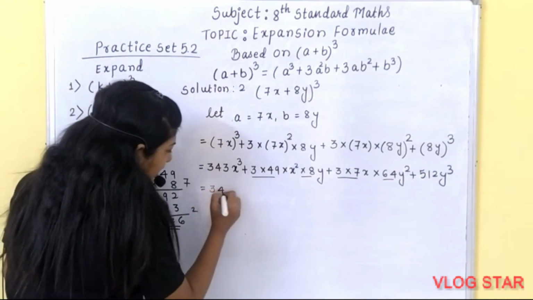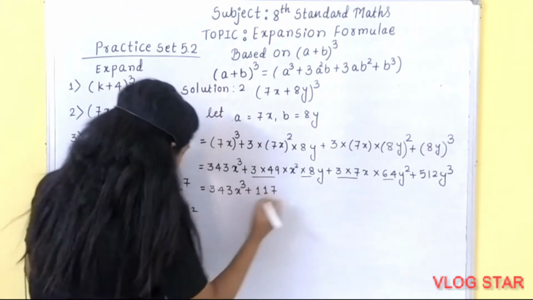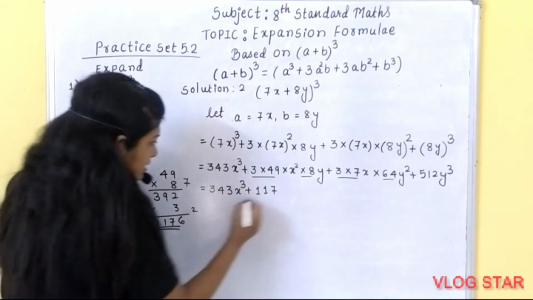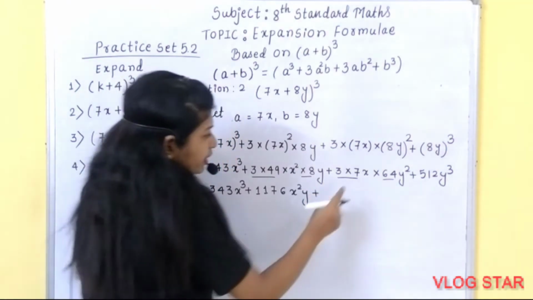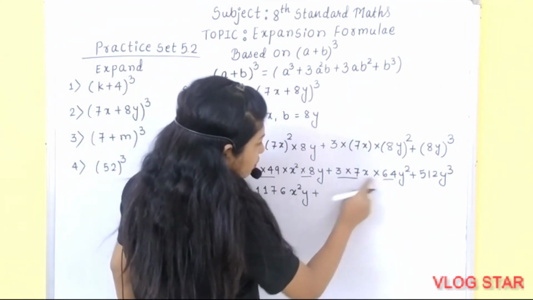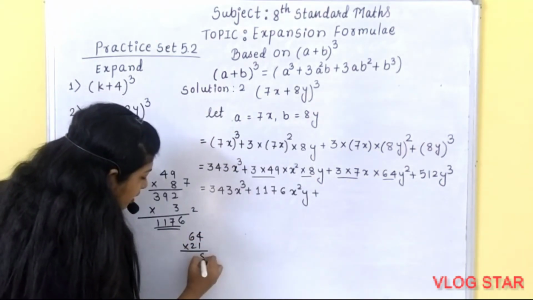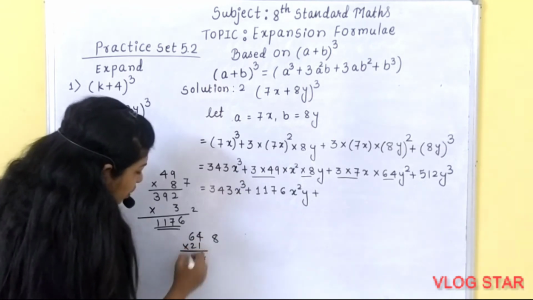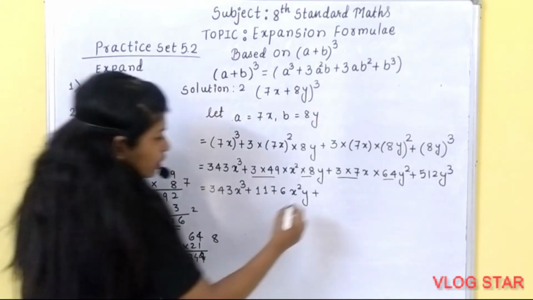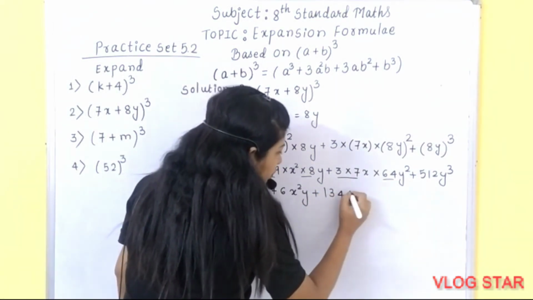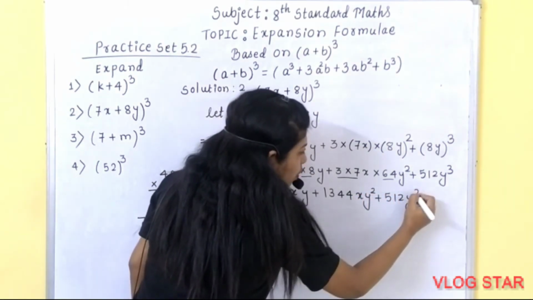So you will get 343x cube plus 1176 x square y plus here this is 64 into 21. 21 fours are 84, 21 sixes are 126 plus 8 is 134. So you will get 1344 xy square plus 512 y cube.